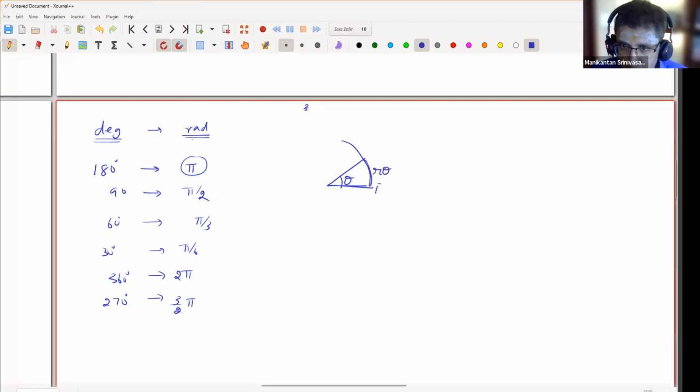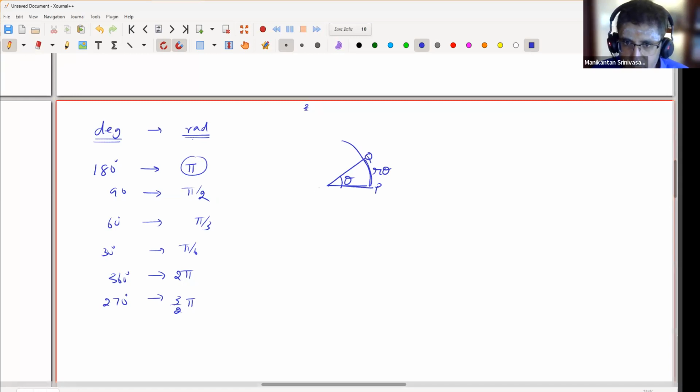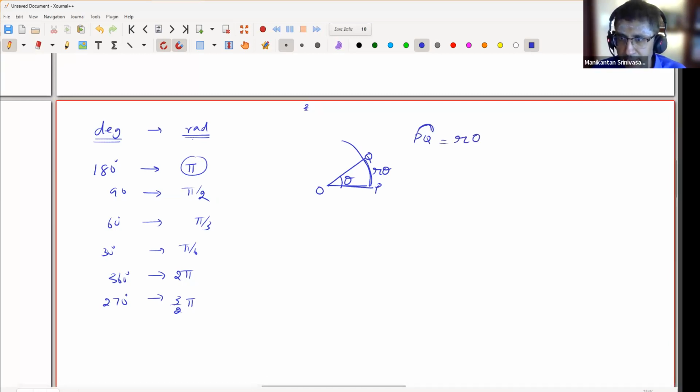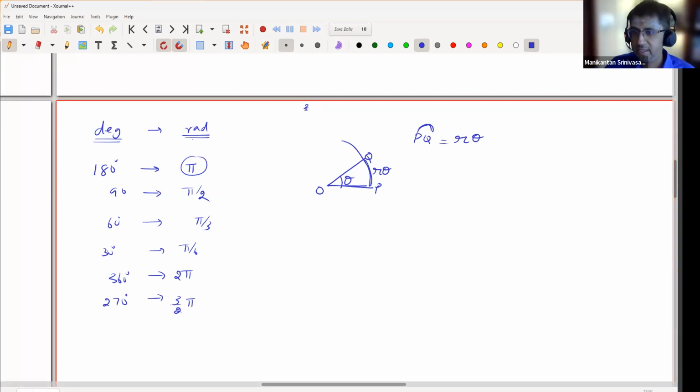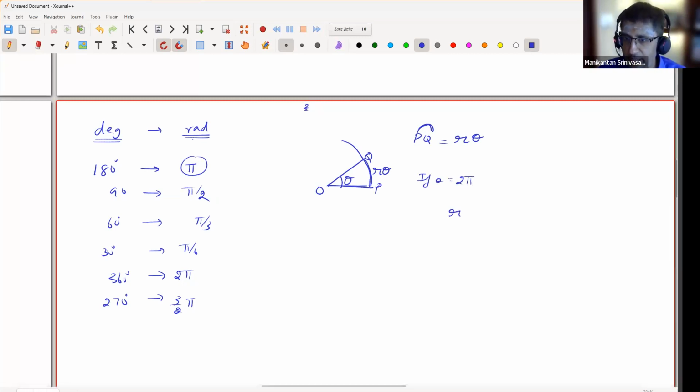Let's say O is the center. When I say PQ with an arc over it, that means the arc length of PQ. So the arc length of PQ is r times theta if theta is measured in radians, which is why it's no surprise that if theta is 2 pi, then the arc length is the entire circle, and you get r times 2 pi, the 2 pi r circumference.